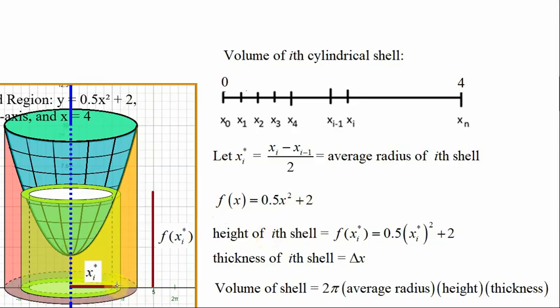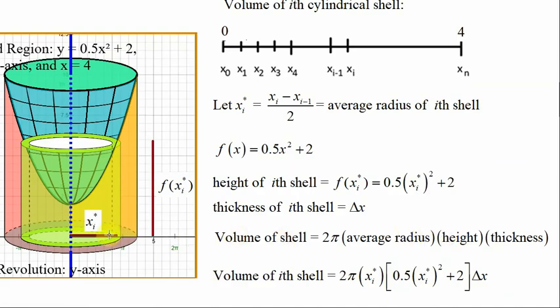And right here, this is x sub i star, and so the distance from the x-axis to the curve will be f of x sub i star, which is the height of this shell. And so the height of the ith shell will be f of x sub i star, which is equal to 0.5 times x sub i star squared plus 2.